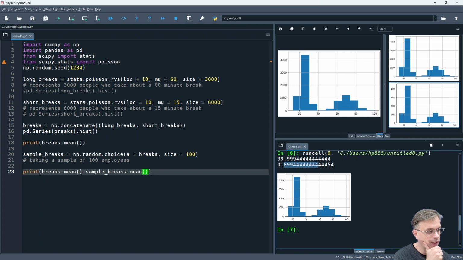So we got 0.6994, which is actually really not bad. This is really interesting because within only 1% of our population, so 100 from 9,000, we were able to get it within not even a minute difference, right? So not bad in that way.